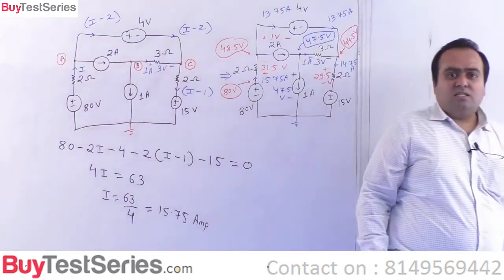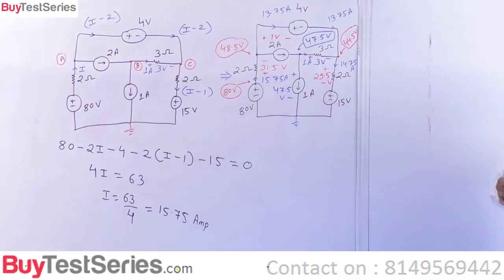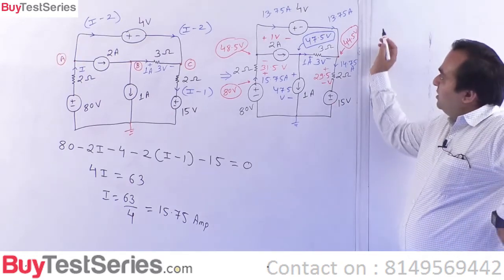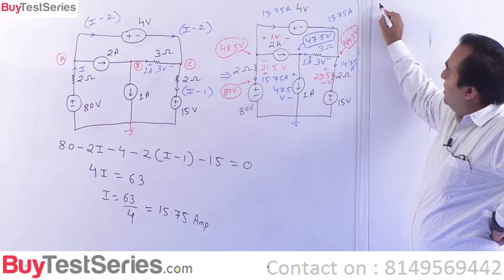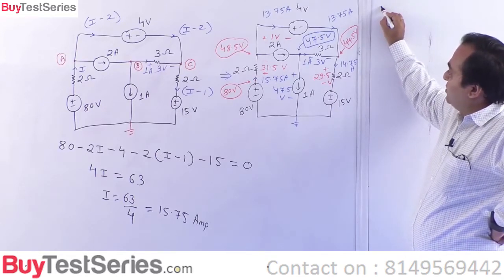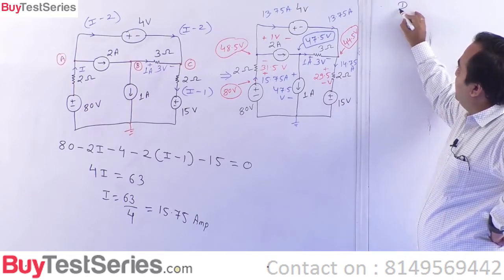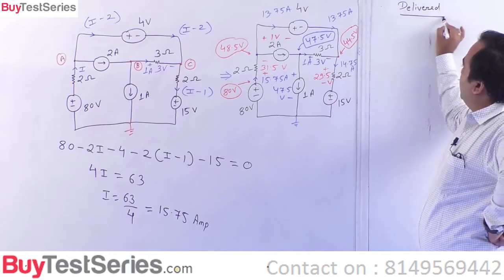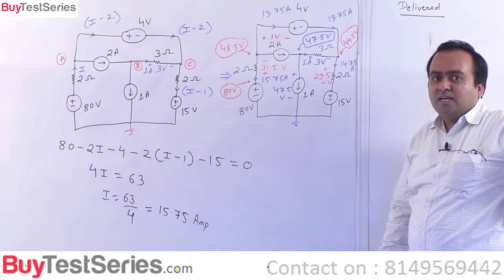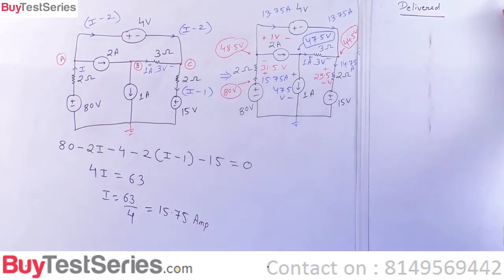Now let us calculate the power absorbed and power delivered by the circuit elements once we have calculated the current through each branch. So writing the 80 volt source, now which are delivering, which are consuming, we shall write delivered on one side and consumed on the other side.